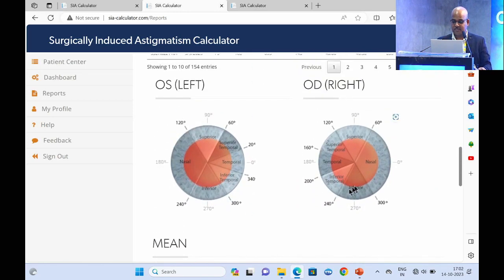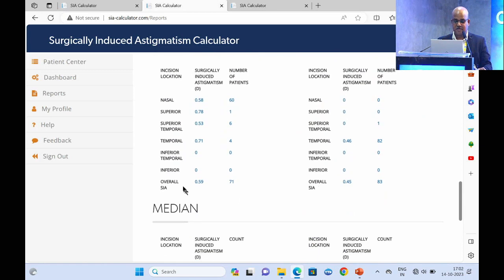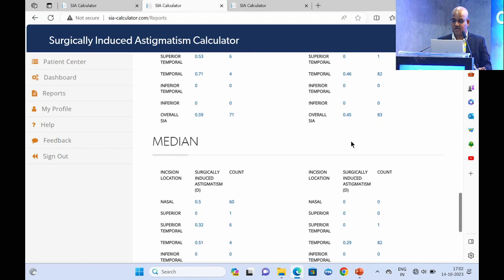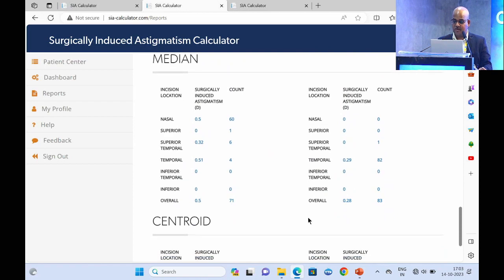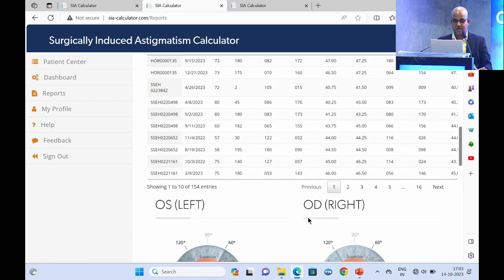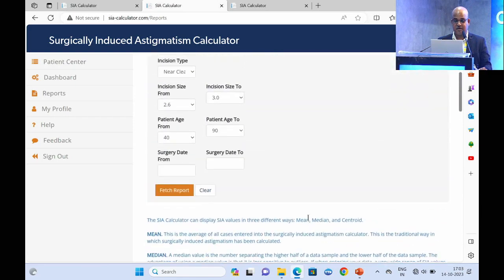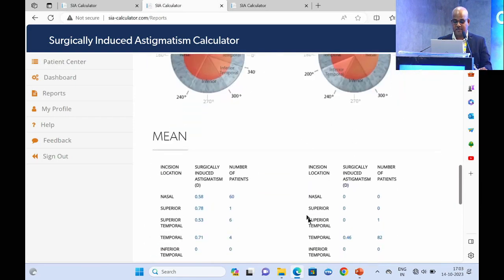This is the left eye, this is the right eye. The mean values are 0.59 for the left eye and 0.45 for the right eye. In the median, it's 0.5 for the left eye and 0.28 for the right eye. The incision size entered here is 2.8.